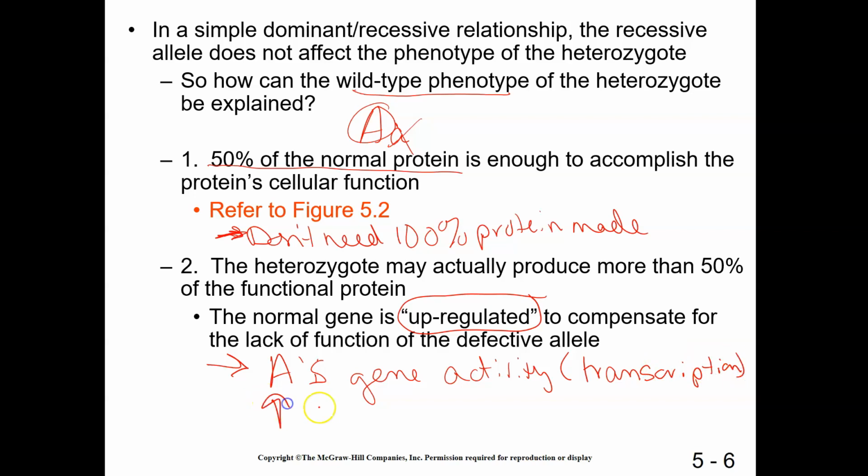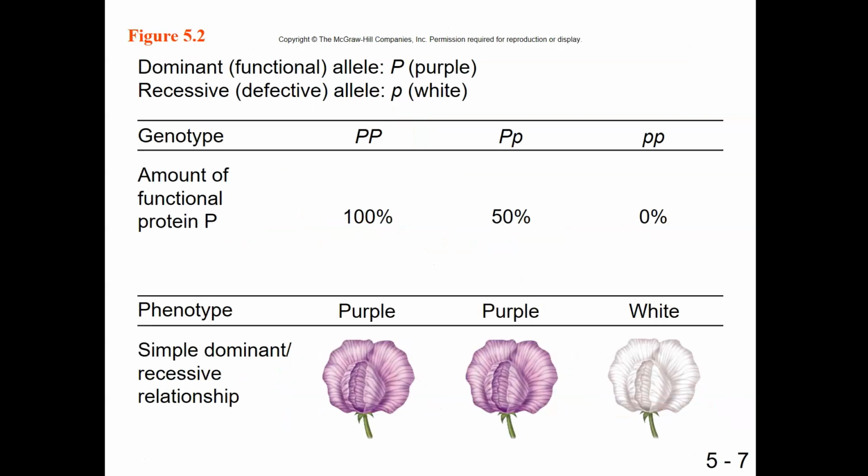It is increased. So that protein level is increased as well, all right, to a functional state. So this is a really cool thing, because what that means is that the cell can detect that you only have one functional gene, so it's pulling on that, making it work harder.